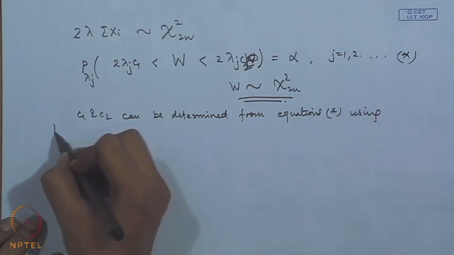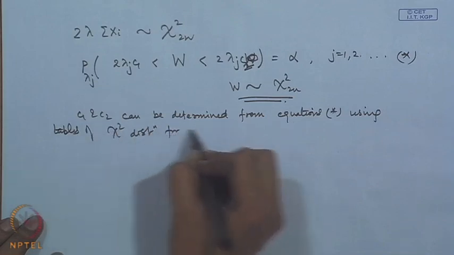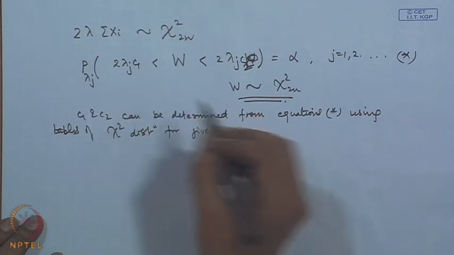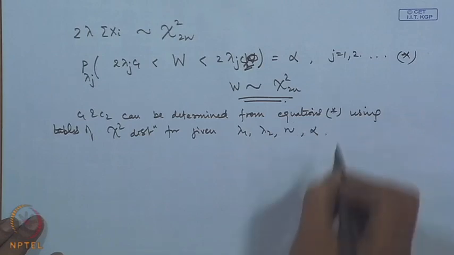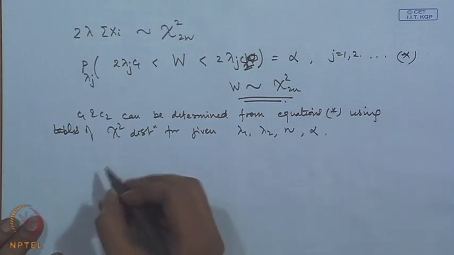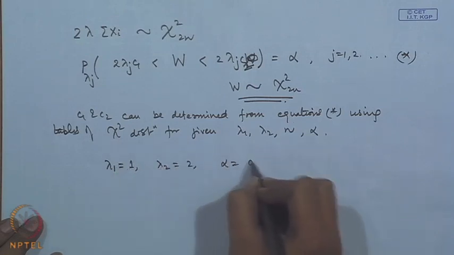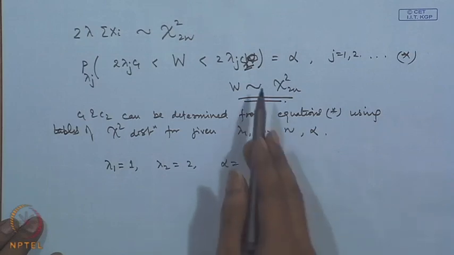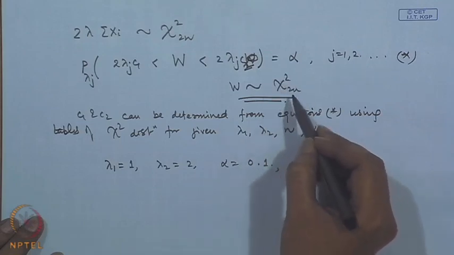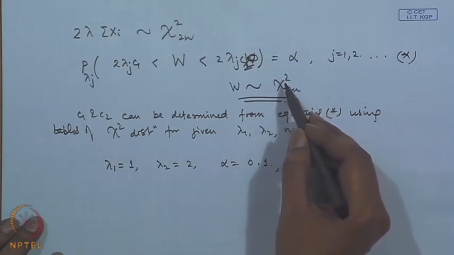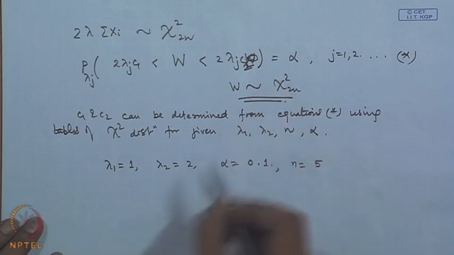using tables of chi-square distribution for given lambda 1, lambda 2, n and alpha. So, for example, in a given problem you may have lambda 1 equal to say 1, lambda 2 equal to say 2, alpha equal to say 0.1, and say n equal to 5, then you need to look at the tables of chi-square distribution on 10 degrees of freedom, and you can determine these conditions here.